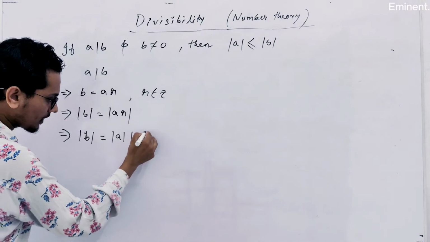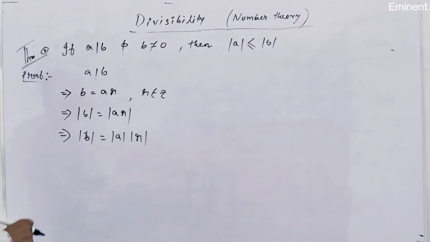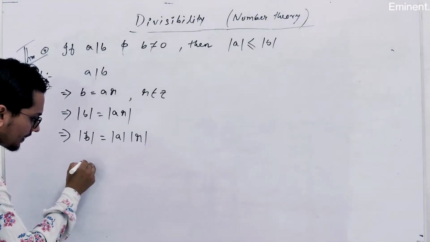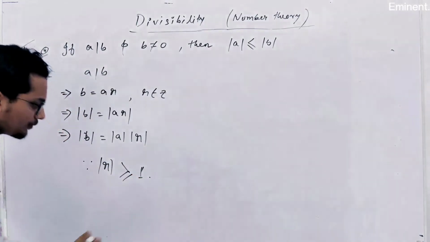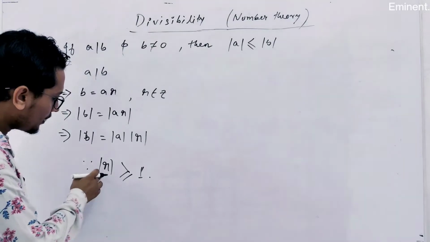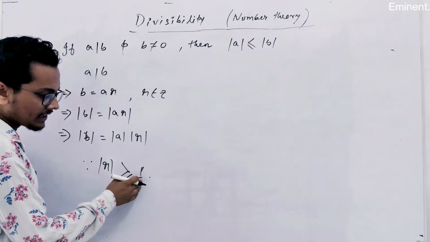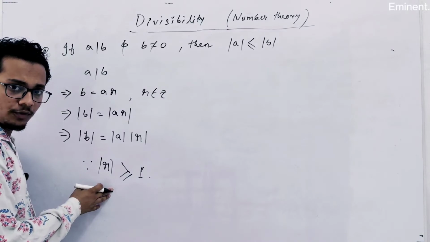Mod B equals mod A times mod R. One thing, since it is mod R, obviously it will not be negative, it will be greater than or equal to 1.